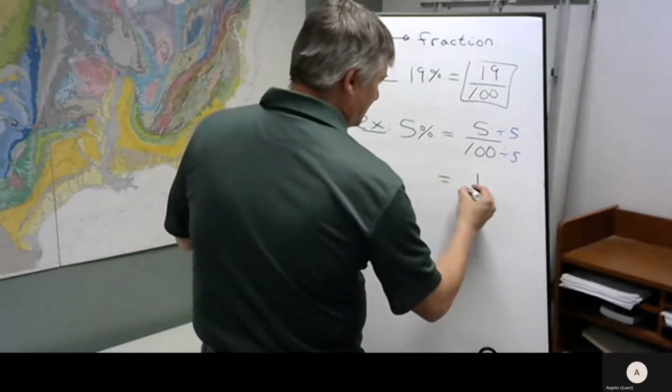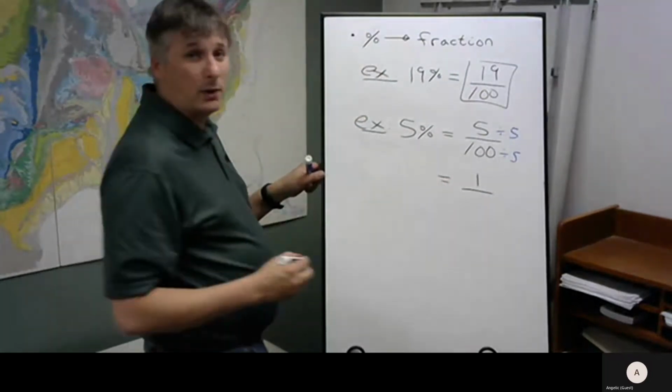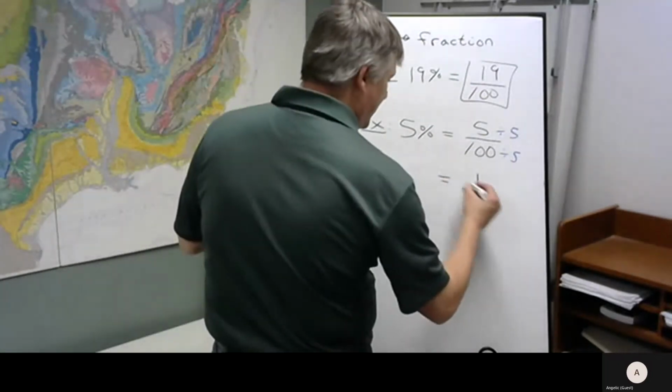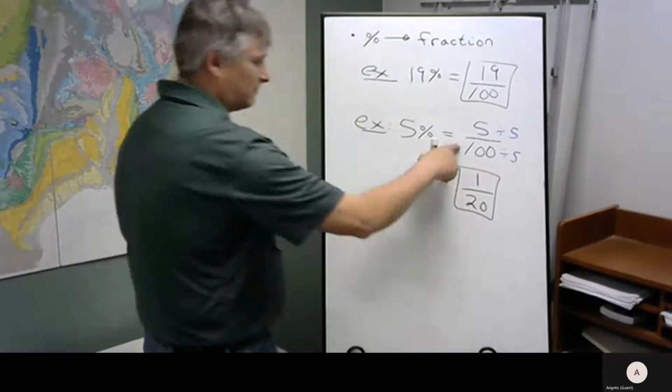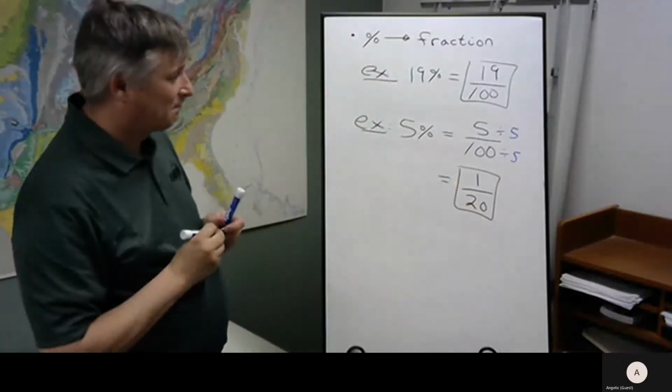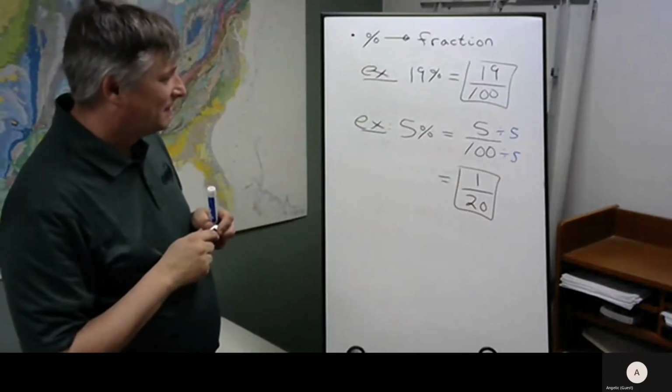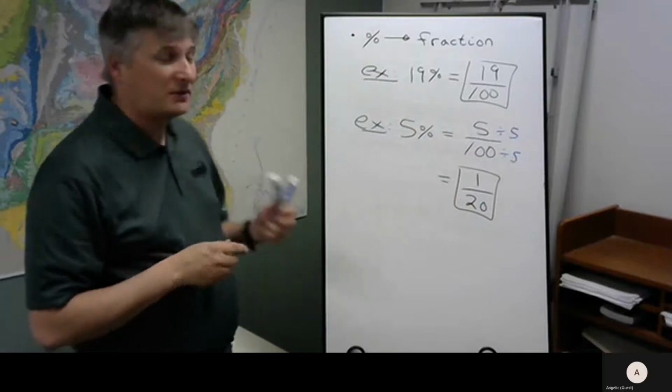So 5 divided by 5 is 1. 100 divided by 5 is 20. So this fraction reduces to 1/20th. Questions about that?